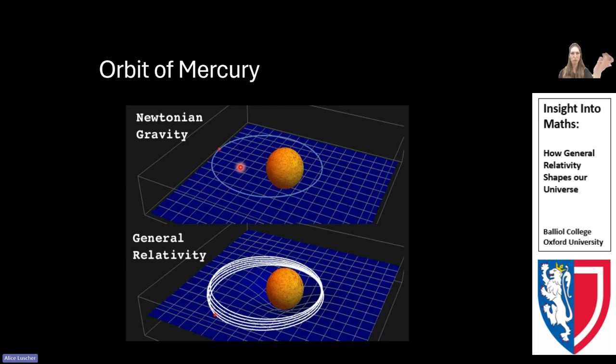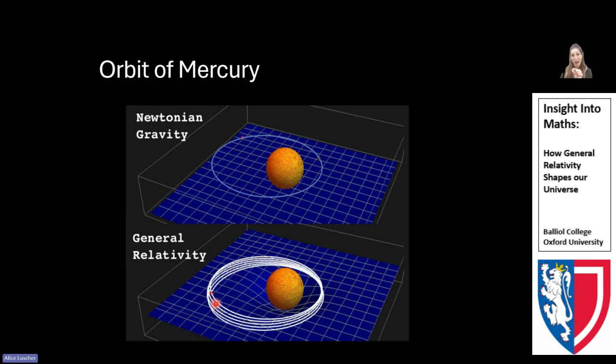Then Einstein wrote his theory of general relativity, and doing the computation of the orbit of Mercury using general relativity instead of Newton's law, you find that the orbit of Mercury has a slight shift every time. You can even compute the value of that shift, and you find it is 43 arcseconds per century.